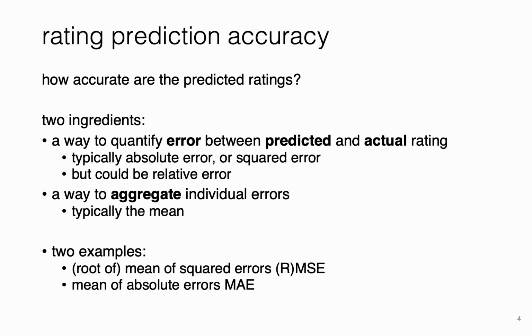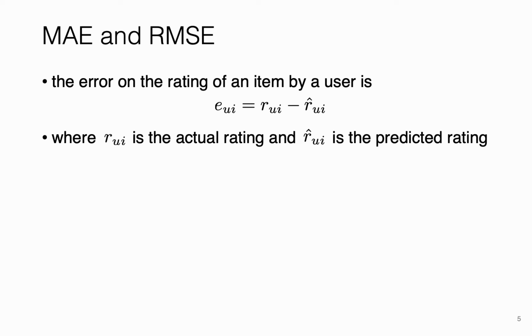If we use squared errors and aggregate them using the mean, we get a metric called the mean squared error, or MSE. If we compute the mean of absolute errors, we compute a metric called MAE. Let's get more specific. The prediction error is given by the difference of the predicted from the actual rating.